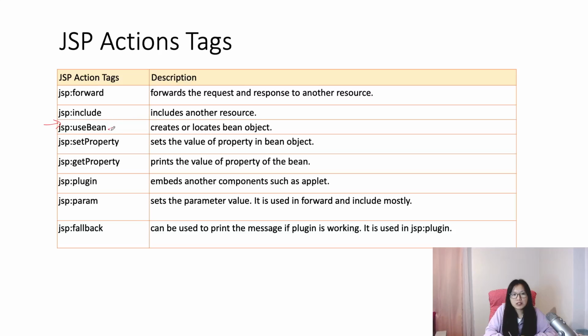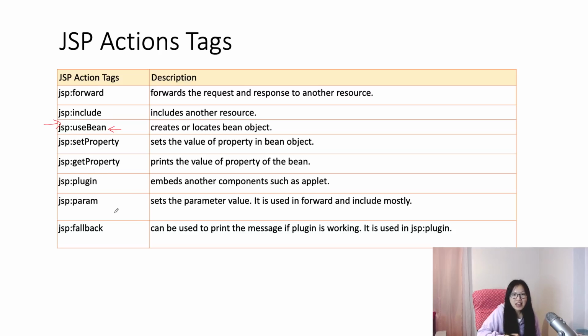Before we talk about jsp:useBean, I will also mention Java beans. If you understand Java beans, you can skip those videos. And we will talk about setProperty or getProperty on the bean, which is very similar to setter and getter methods.